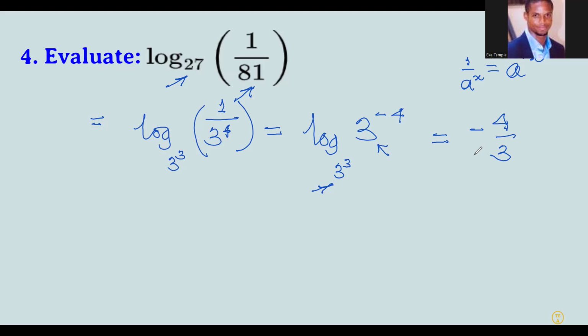So you have the power up, negative 4, divided by the power down, which is 3. That gives us our final answer. Very simple. Okay, let's move on to the next.